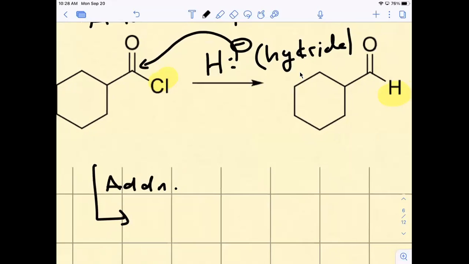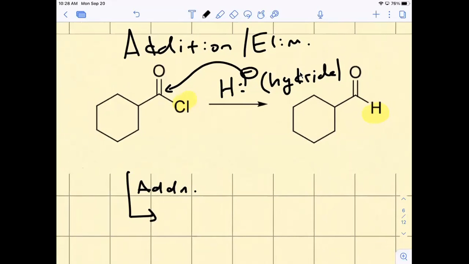And then what do you think is going to happen to that pi bond? Does it stay? Can it stay? Think about it. How many bonds can carbon have to itself? 4. If I don't break the pi bond, how many bonds is that carbon going to have? 6.